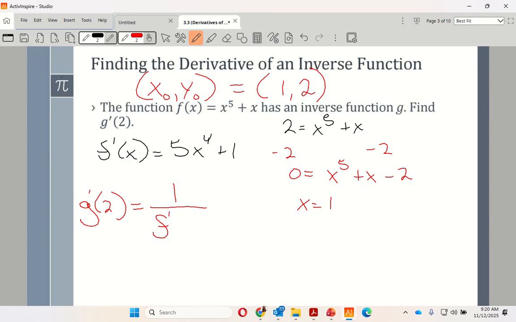So my initial x in this case was 1. Now, does that make sense? So we use that format right there.